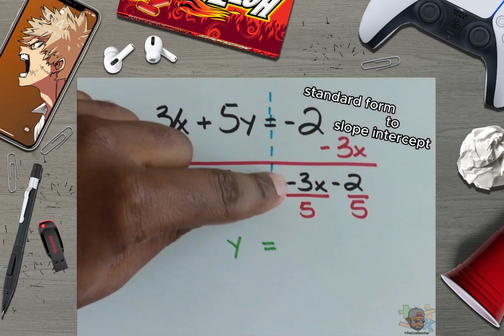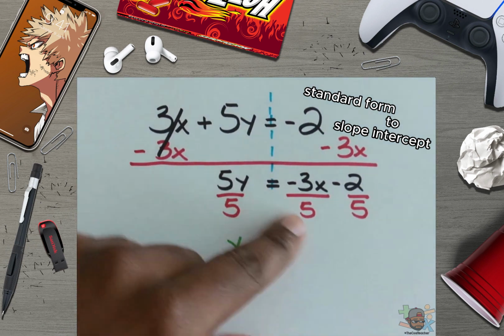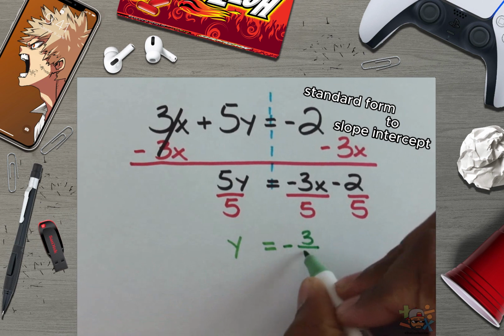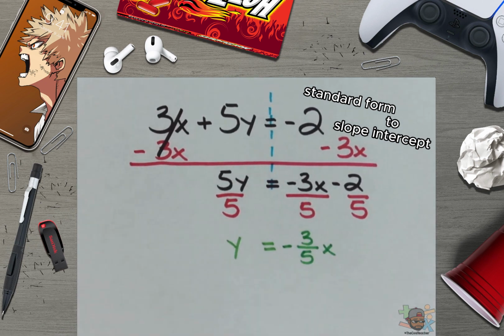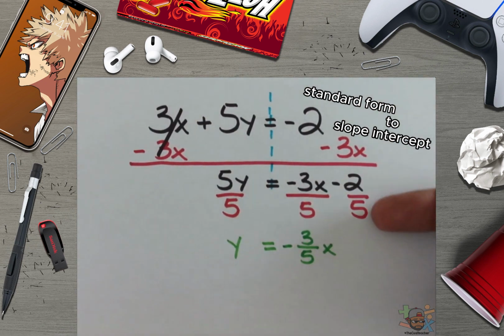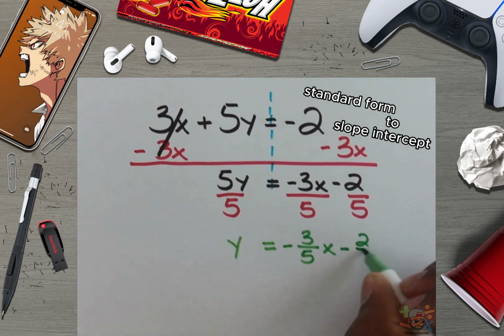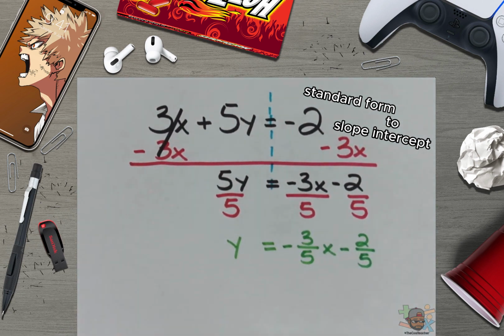So I'm going to leave it just like that, as a fraction: -3 over 5x. And the same thing with this: -2 over 5. And I have my slope-intercept form of this line.